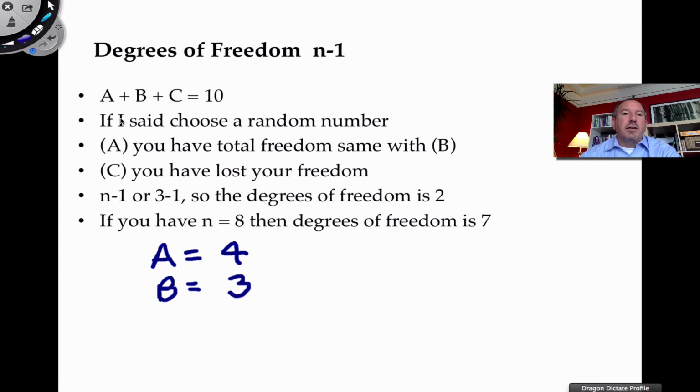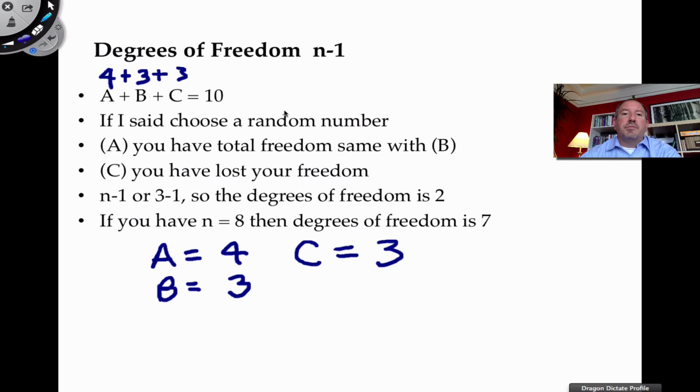Okay. So now a is 4 and b is 3. I just chose that because I have freedom. Do you see how this is 7? So now c, I'm locked into it because this has to equal 10. And so c must be 3, because this all adds up to 10. And so do you see how a, I could choose anything, and b, I could choose anything? I have total freedom. But then c, I've lost my freedom.